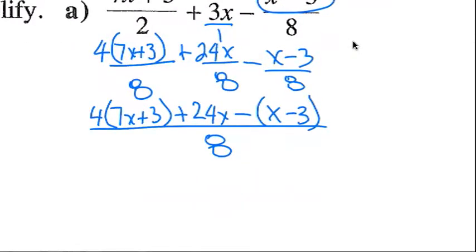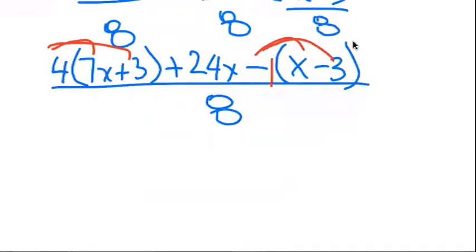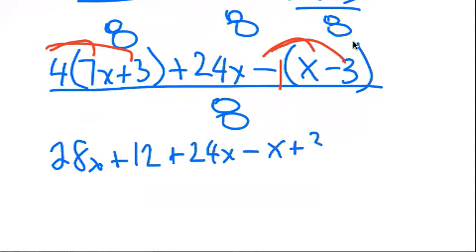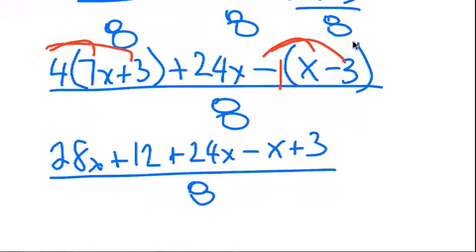Now I'm going to do some distributing. I'm going to bring the 4 in here, and I'm going to bring this negative 1 in there. That's going to give me 28x plus 12 plus 24x minus x plus 3, all over 8.